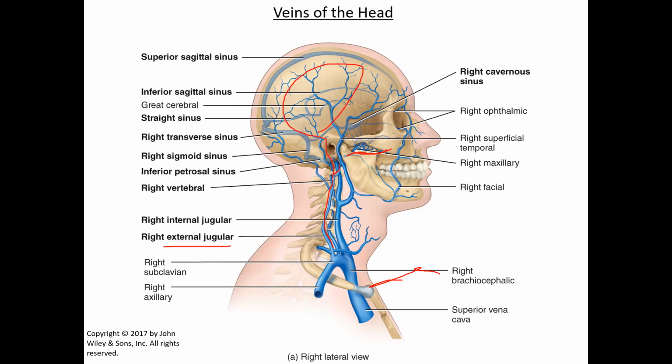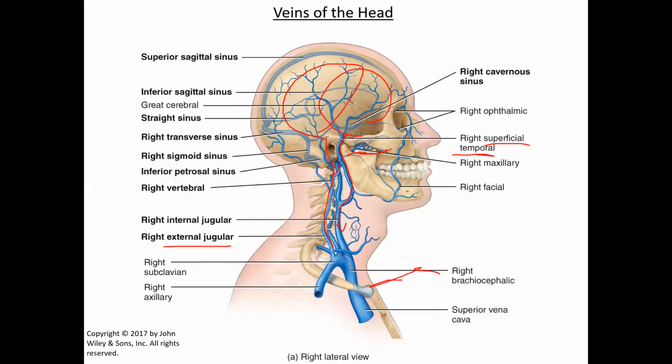Now, a little bit different from the common carotid and the carotid artery branches is that we are going to have some venous drainage on the external of the skull, draining into the internal jugular vein as well. For example, the superficial temporal vein here, which is with the superficial temporal artery, actually drains into the internal jugular vein.